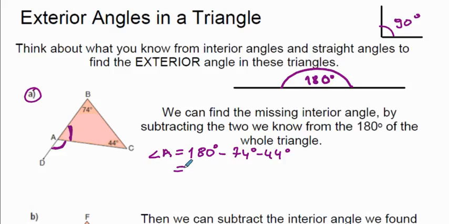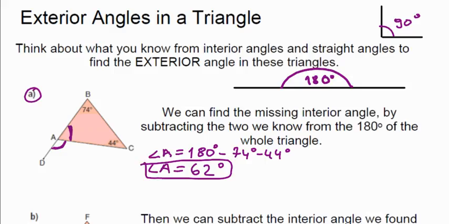Or, there we go, 180 minus 44 minus 54. That turns out to be 62. There we go. So angle A.